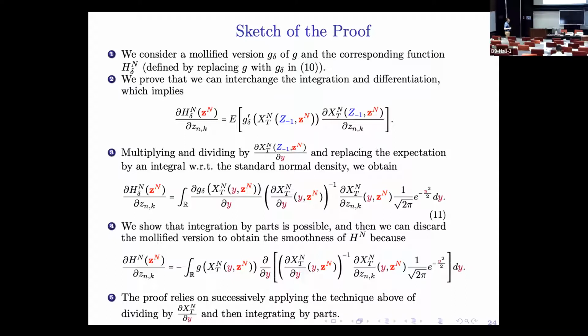Assumption one is related to this term. So we could transfer the derivative that was in the modified version to the terms on the right-hand side, and then you can get rid of the modification. This can be applied to your initially discontinuous payoff G. Okay, so this is the sketch of the proof. Any question related to that?